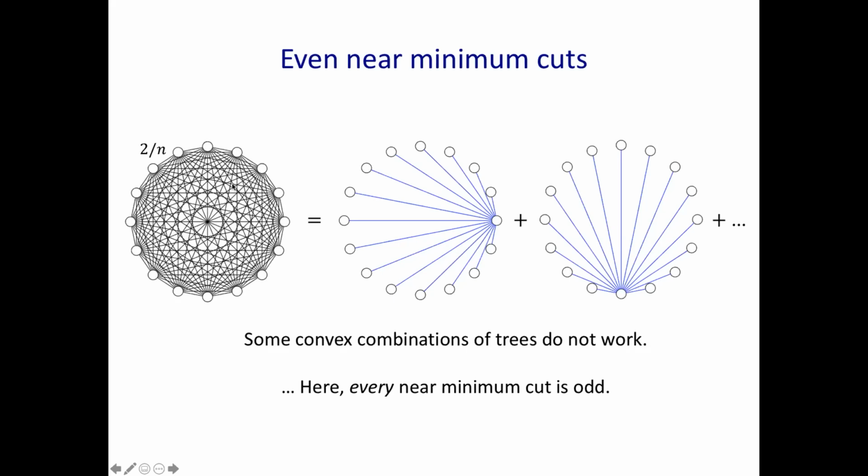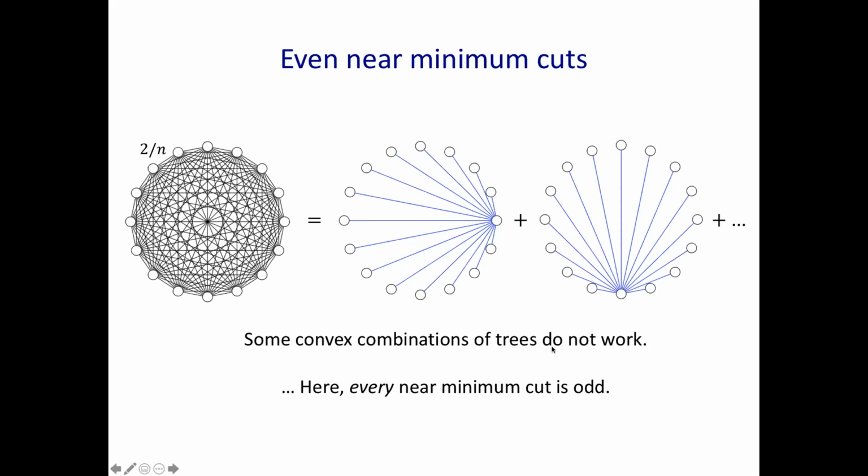Then the near minimum cuts are just the degree cuts. And a valid marginal preserving distribution is to write this point as a convex combination of n stars. But now in every tree we sample, every near minimum cut is odd. So this distribution fails spectacularly even though we're respecting the marginals.